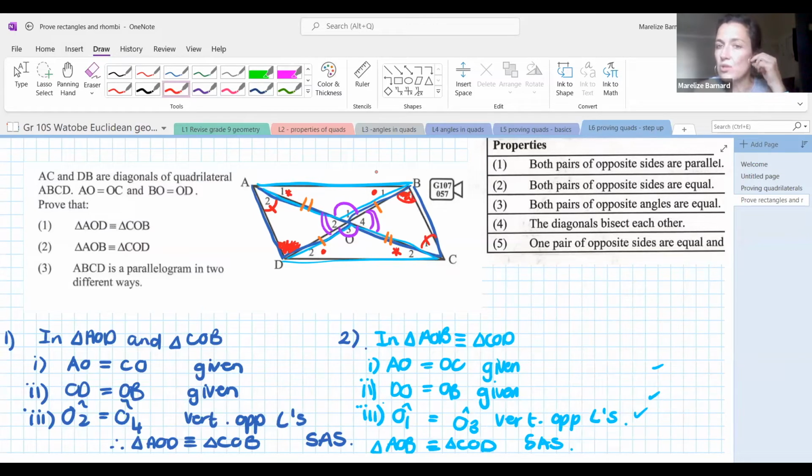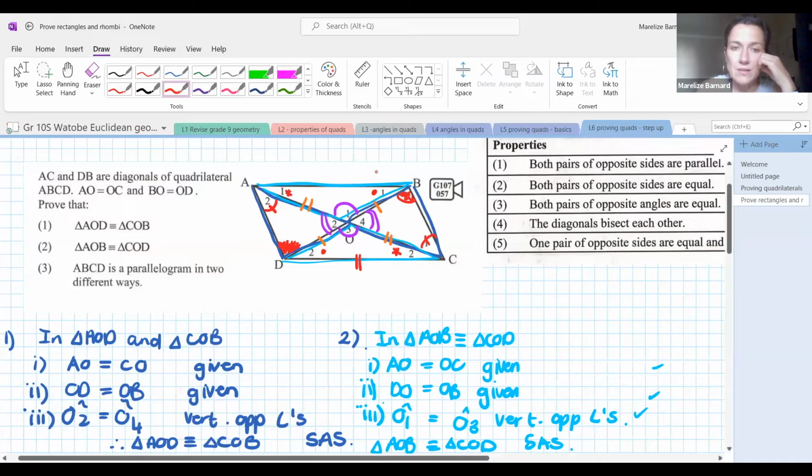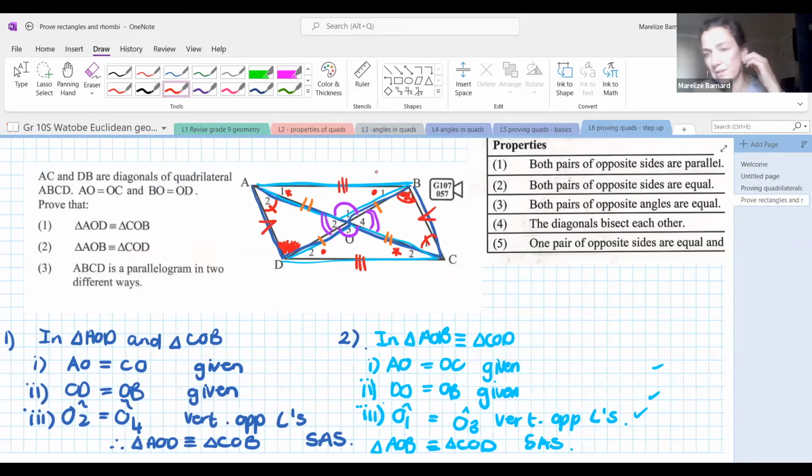And we can also do one pair of opposite sides equal and parallel, because this side is equal to that one, and this one is equal to this one, all because of the congruency. Okay, so you can choose your two. I'm going to go with some of what you've said. I think because of the congruency, both pairs of opposite sides are equal, and both pairs of opposite angles are equal.